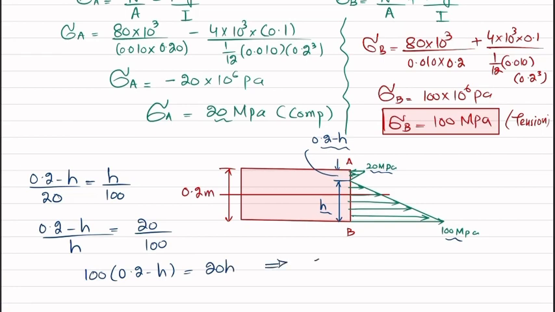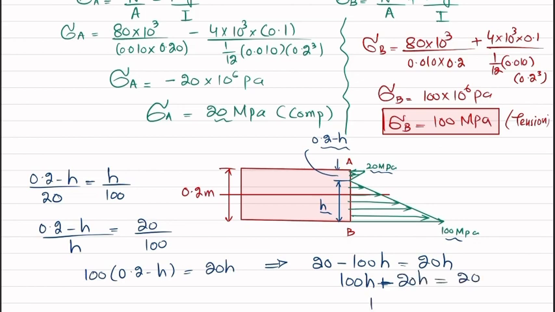So 20 minus 100h will be equal to 20h. So 100h plus 20h is equal to 20.